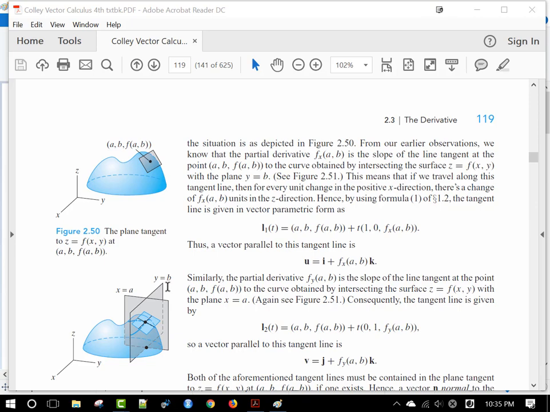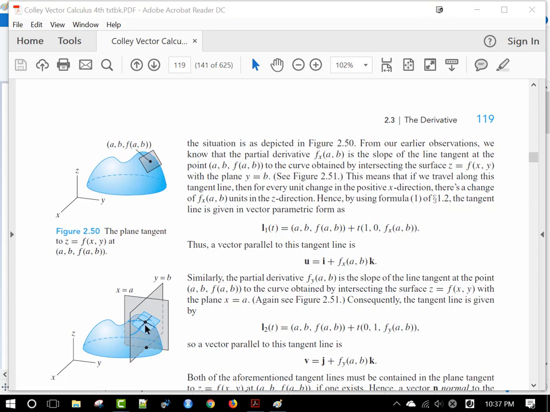And we're also going to do it with x equals a. Which one are we going to do first? We're going to cut it with y equals b. So we're going to get some kind of curve in this y equals b plane. And then we want to write an equation for the tangent line to that curve at this point.